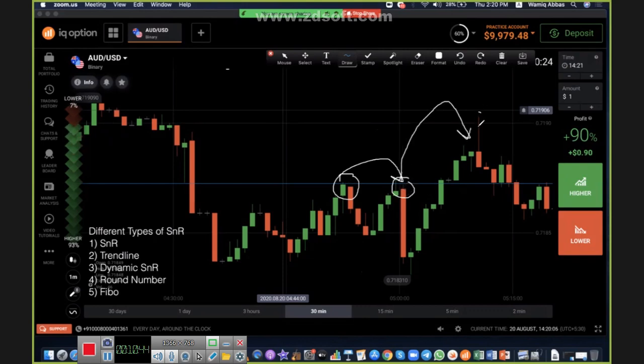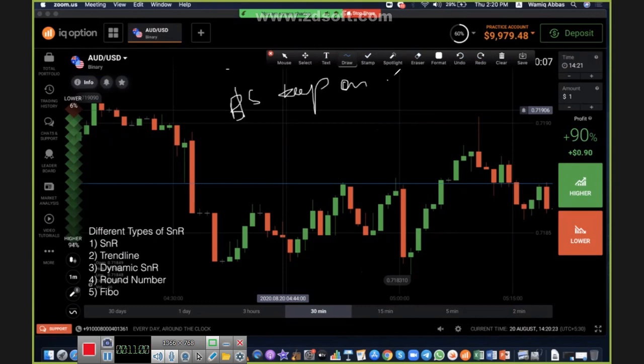So the next entry point was changed from this level to this level. Am I right? So can I say that there is a theory that in a market, the buyers and sellers will keep on changing their entry points? Yes. The buyers and sellers will keep on changing their entry points.